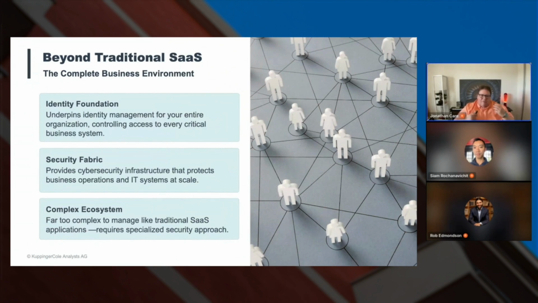Microsoft 365 acts as the central identity provider for the entire organization. It's not just for Microsoft 365 access. It controls access to all business systems, sometimes even including telecommunications, making it a critical control plane for security and operations. So if this goes, everything goes.